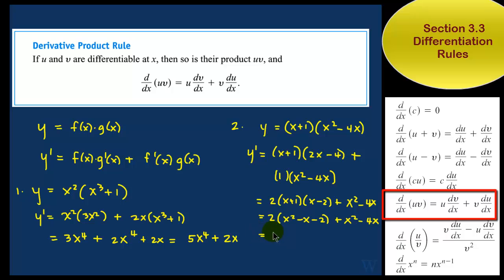And that's just equal to 2x squared minus 2x minus 4 plus x squared minus 4x. And if we continue to simplify, the final answer should be 3x squared by combining like terms minus 6x minus 4. So that's a derivative by applying the product rule.